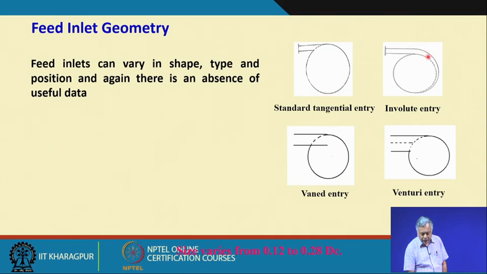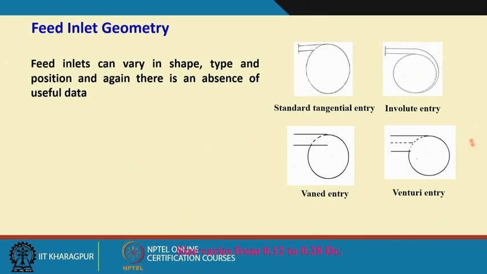Now, if I have a spiraling action, the wear is less, and you have reduced the dampening effect because of the spiraling motion. So, with the same flow rate you can generate more in situ centrifugal force because of this involute entry, and that is what is being claimed by different manufacturers.